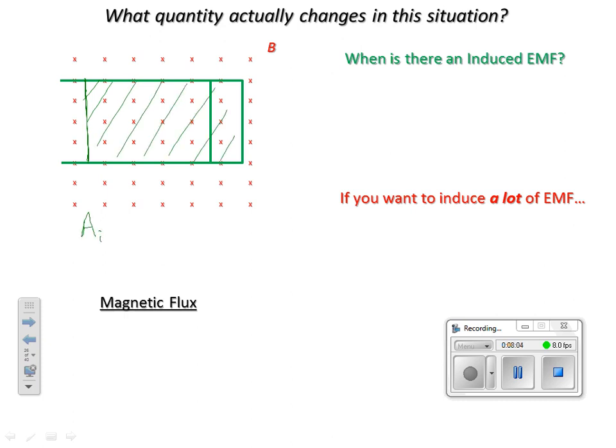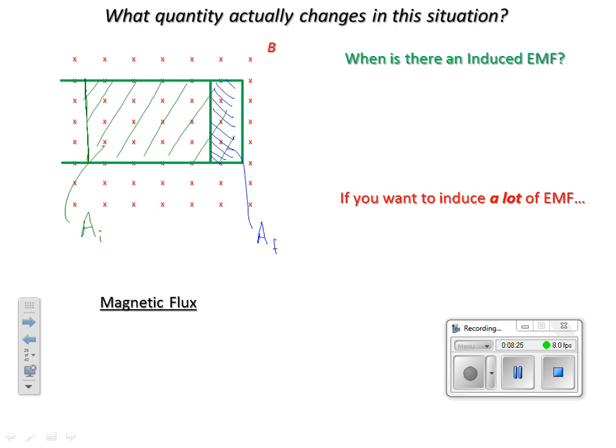I'll call that A initial. And then later on, we have this. I'll call that A final, the enclosed area final. So there's a change in area of that enclosed, closed loop.